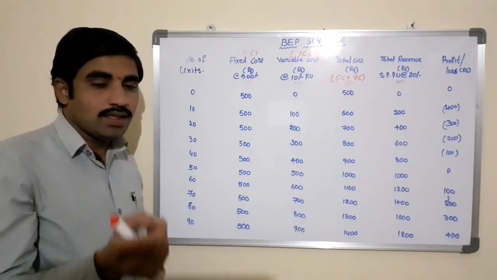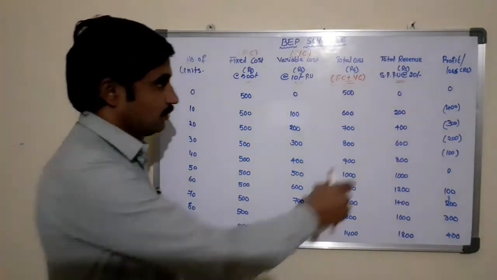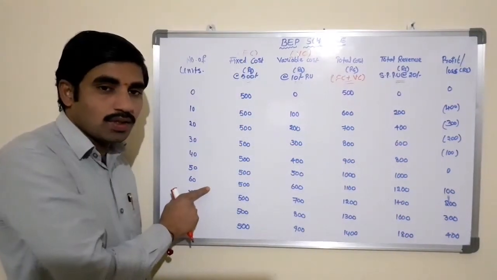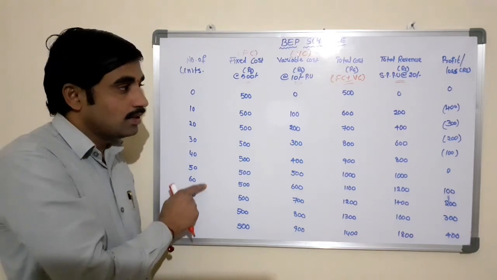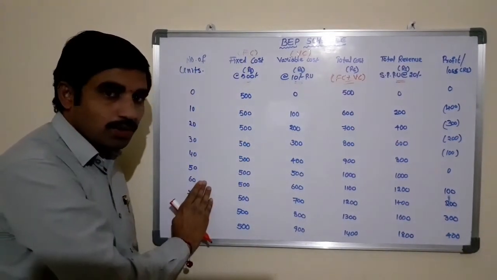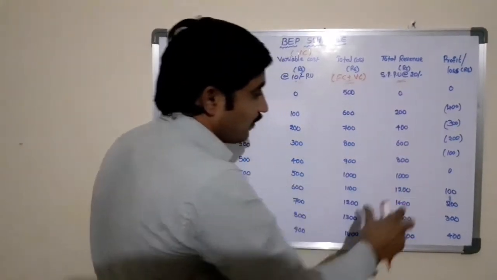Means there is a positive relationship between the total revenue and the number of units produced and sold in the market.